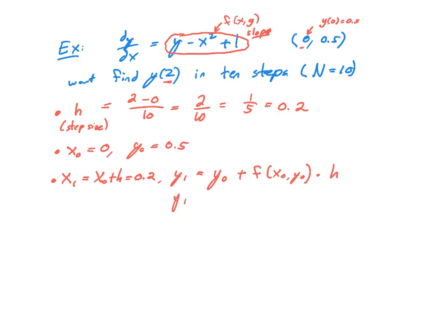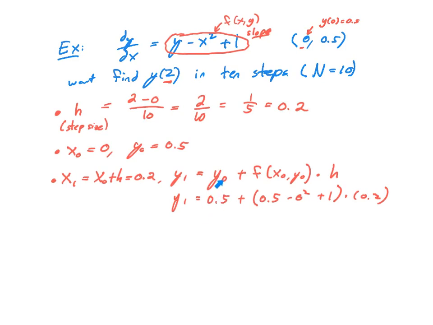So I'm going to have y sub 1 is equal to 0.5 plus f of this guy, which is going to be 0.5 minus 0 squared plus 1 times 0.2. Now make sure you can figure out where all this comes from.